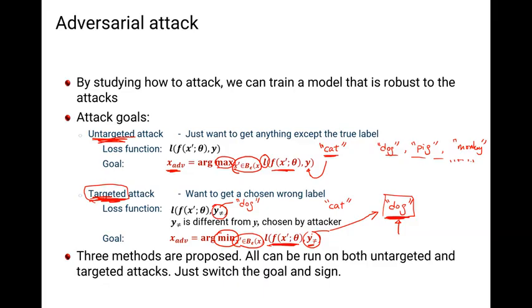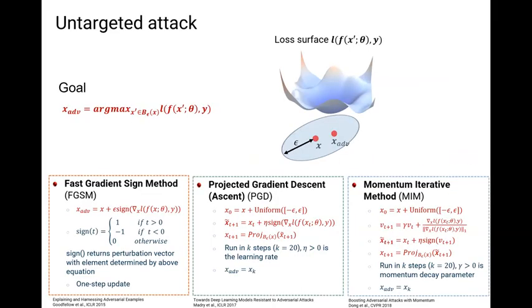No matter which goal you want to do, it doesn't matter, because there are three different methods, and they can all be used to do an untargeted attack or a targeted attack. So here I want to show you how we do it. It looks like we have a very complicated pseudocode below.